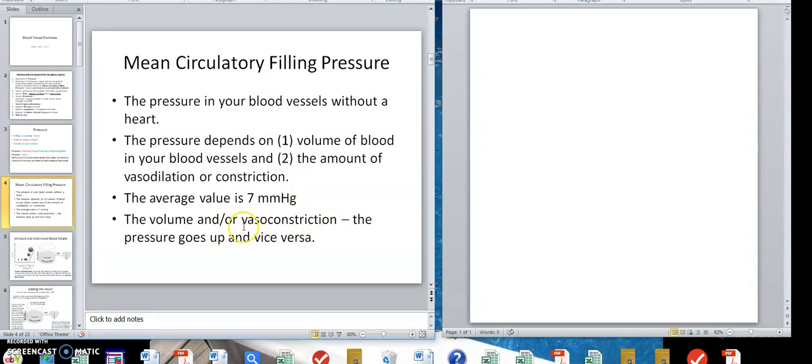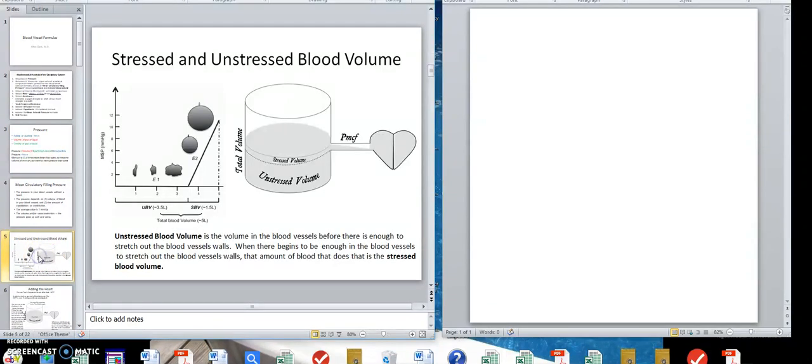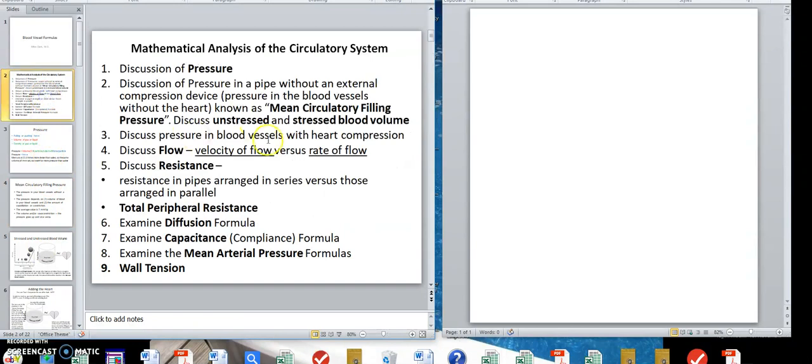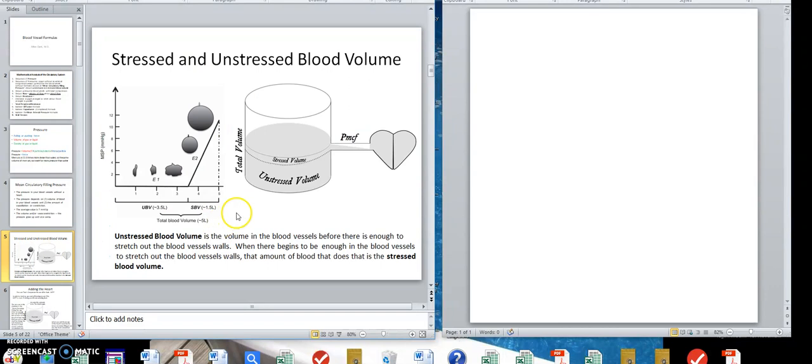Okay. So here's an example of this here. Okay, so now we want to talk about, under mean circulatory filling pressure, unstressed and stressed blood volume. Okay. Let's say that I took a person and could drain all the blood from their body.